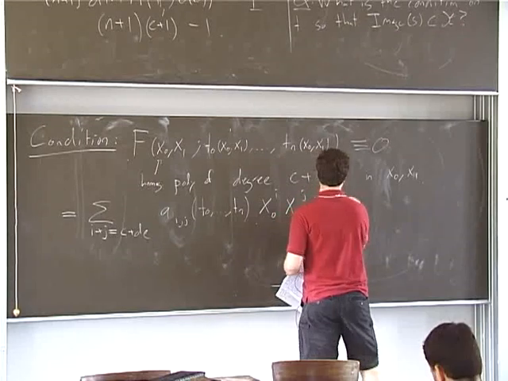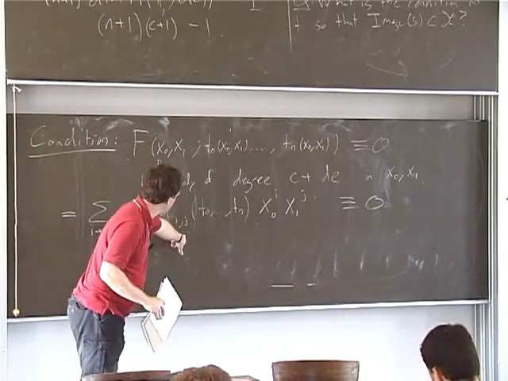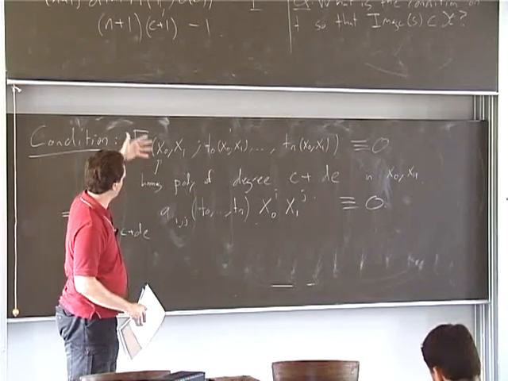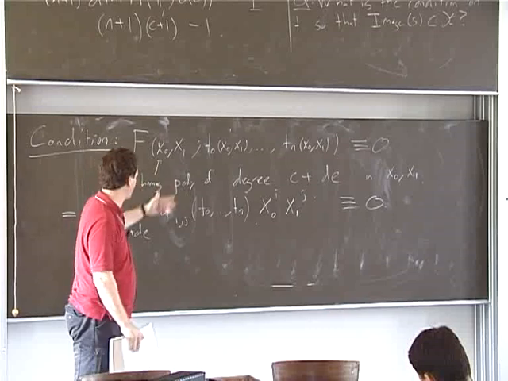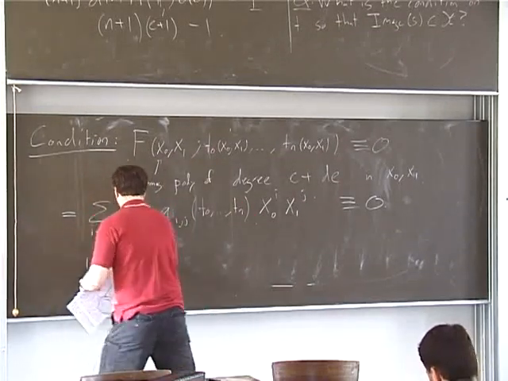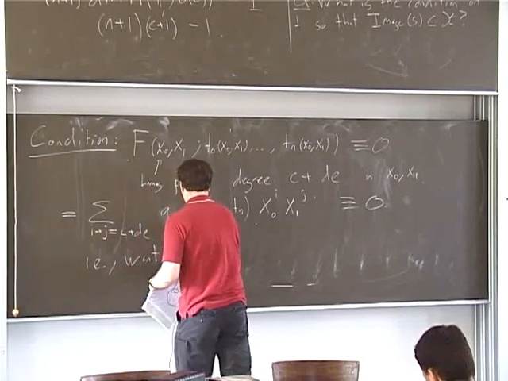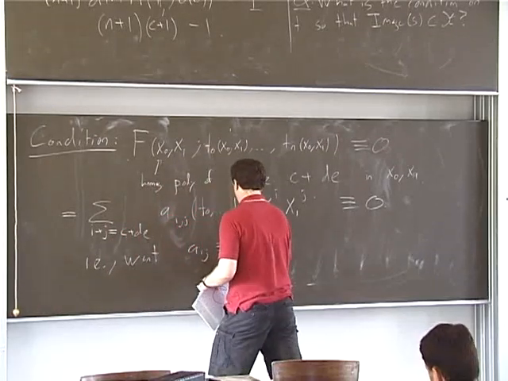And again, the condition is that this should be identically 0. That means that every one of these coefficients has to be identically 0. If we want this polynomial in x0, x1 to be identically 0, that means we want all the coefficients to be 0, i.e., we want these a_ij's to all be equal to 0.